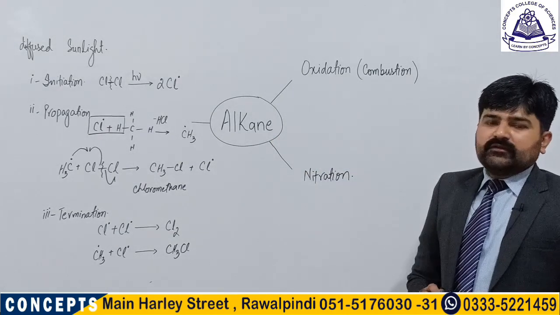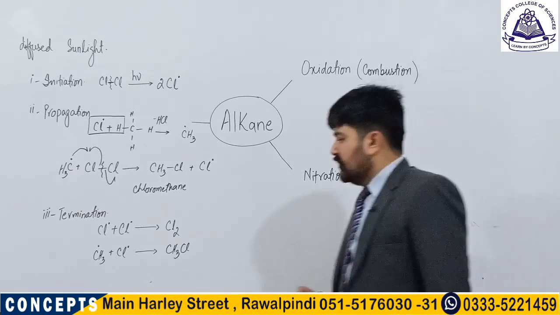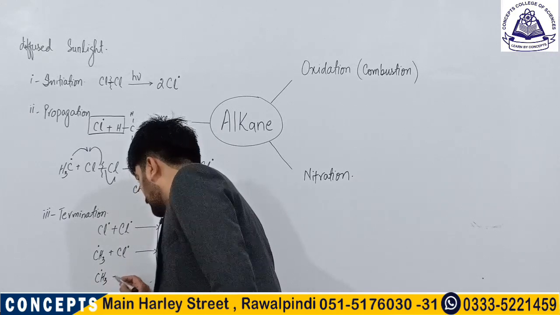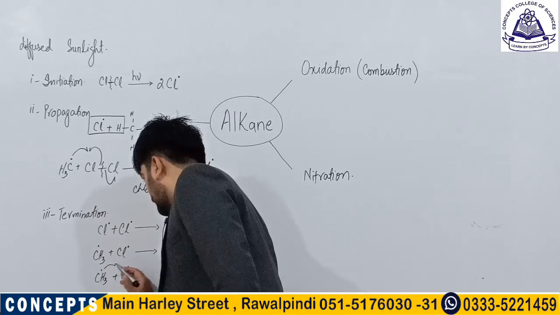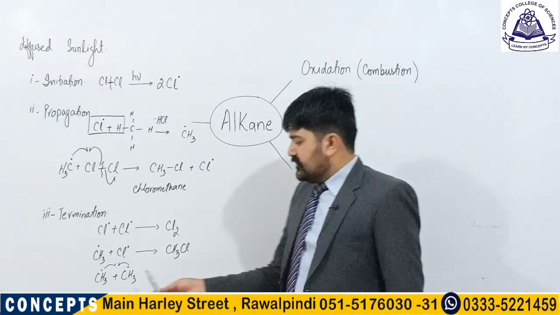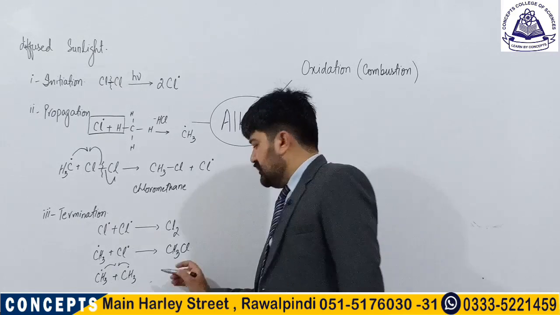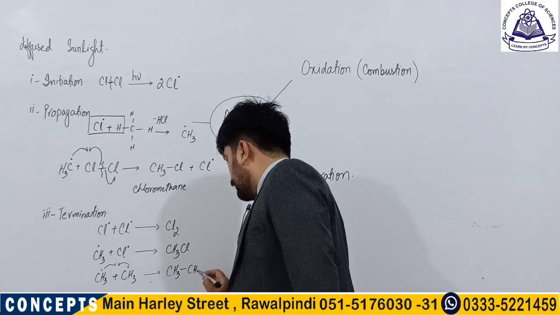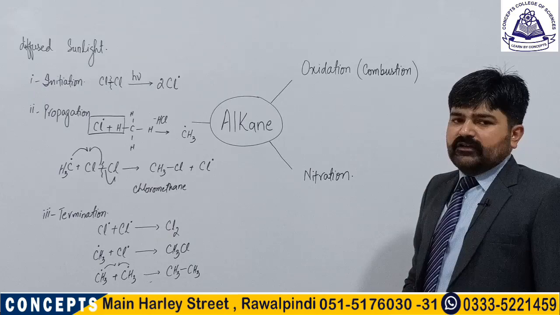And another chance for the production of alkane is there also. There are few chances that we get alkane as a byproduct in the termination step, where two methyl free radicals combine with each other and result in ethane. So this is all about the free radical mechanism.